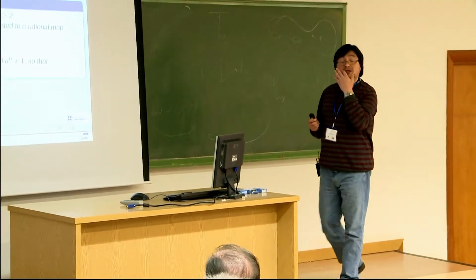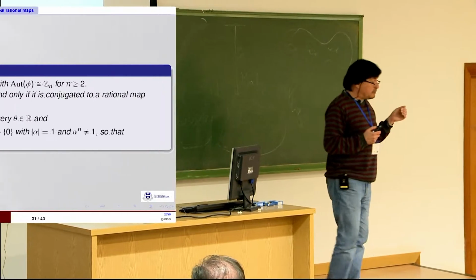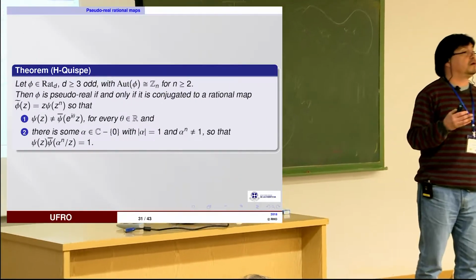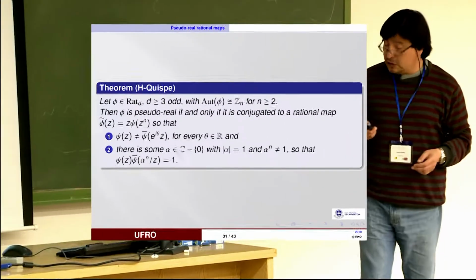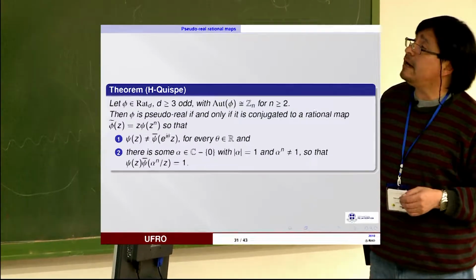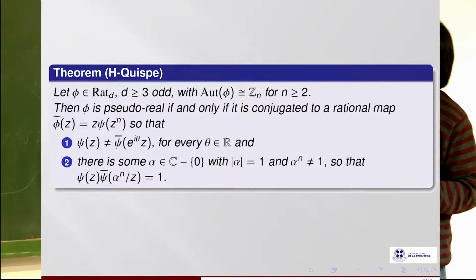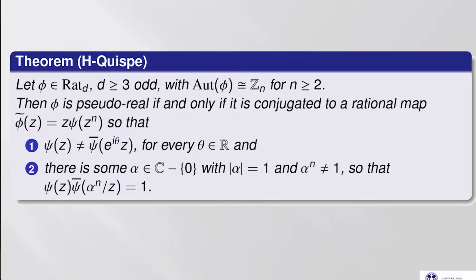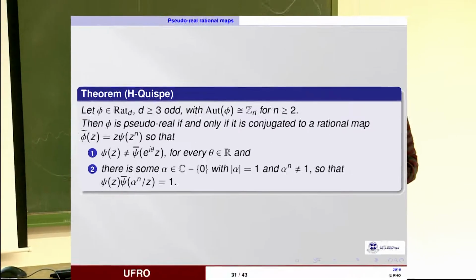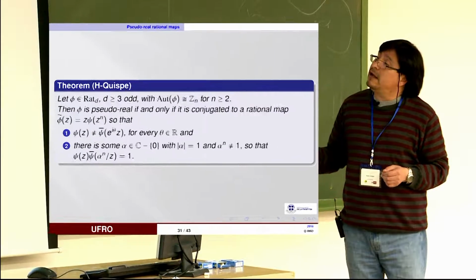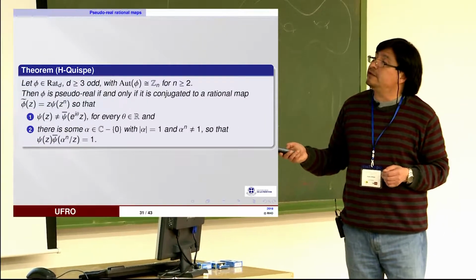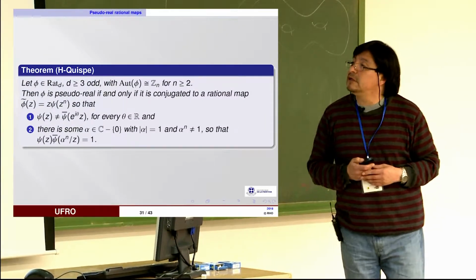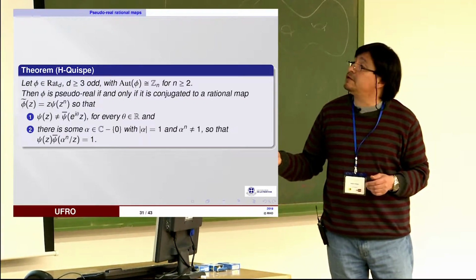What about a pseudo-real rational map with a non-trivial cyclic group of holomorphic automorphisms? In that case, one can again say that if you look for a rational map whose group of holomorphic automorphisms is a cyclic group of order at least 2, then the rational map has to be essentially of this form, with some constraints on the coefficients of the rational map C involved.